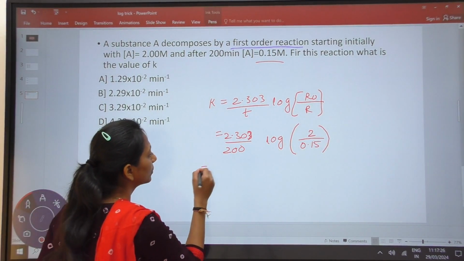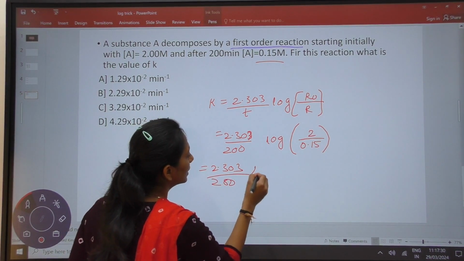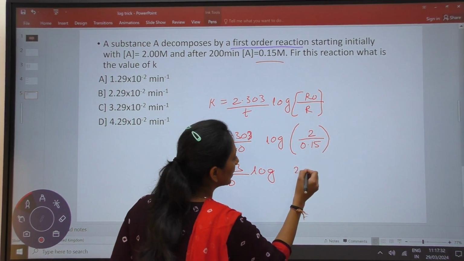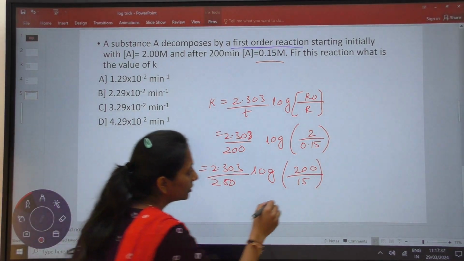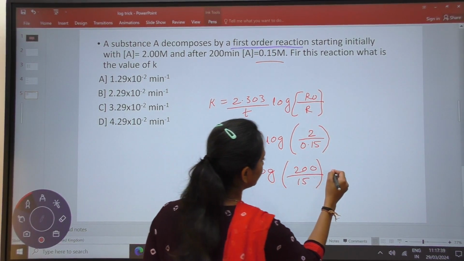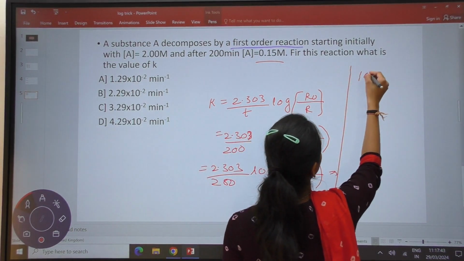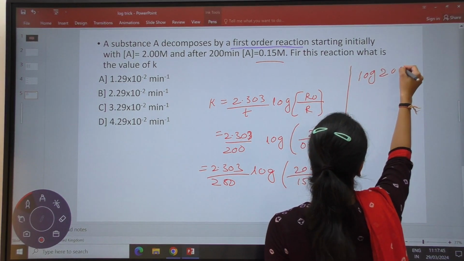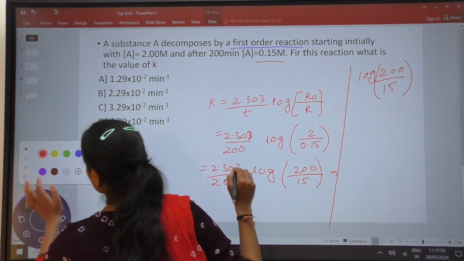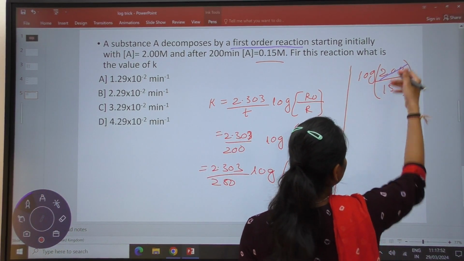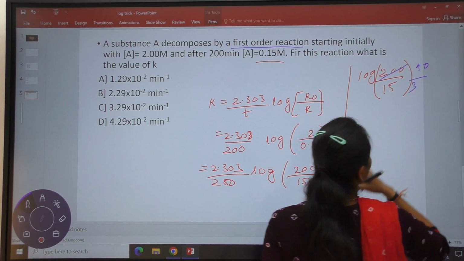Now we need to actually apply the trick to this part of the question. How to solve this question quickly? 2.303 upon 200, then log. How can we solve? Can I write it as 200 upon 15? To solve only the logarithm part, log 200 upon 15, we will divide this by 5. 40 by 3.